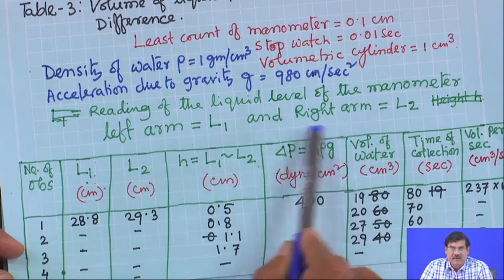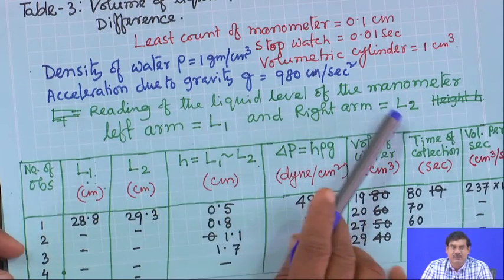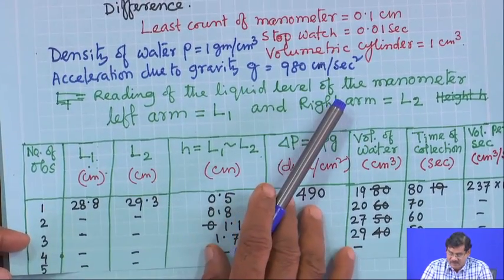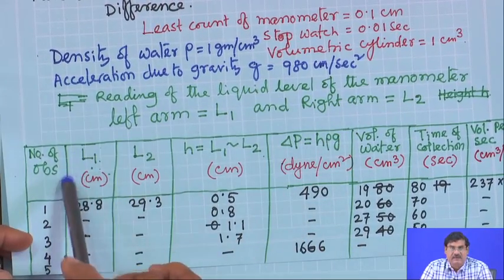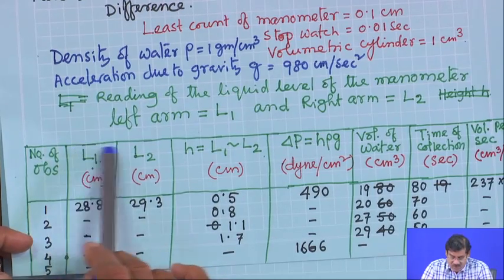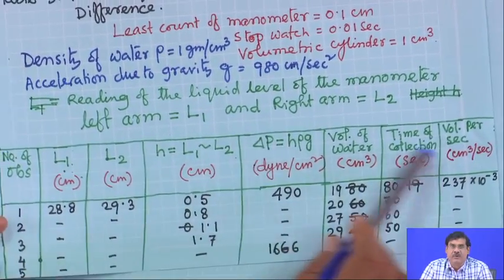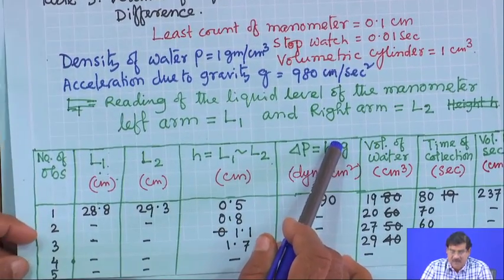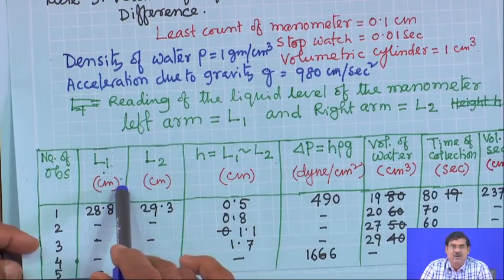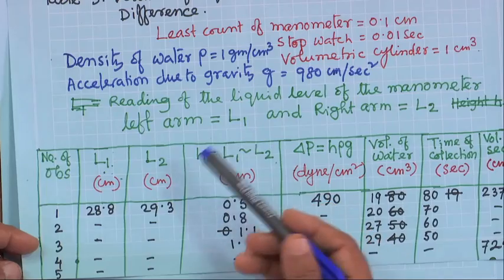If we define L 1 and L 2, then it is easy to make the table. Otherwise, you would have to write it out, which will take longer space, and it will be difficult to accommodate all these columns in the table. So, to reduce the size of the column, we have defined L 1 and L 2. These are tricks you have to use.